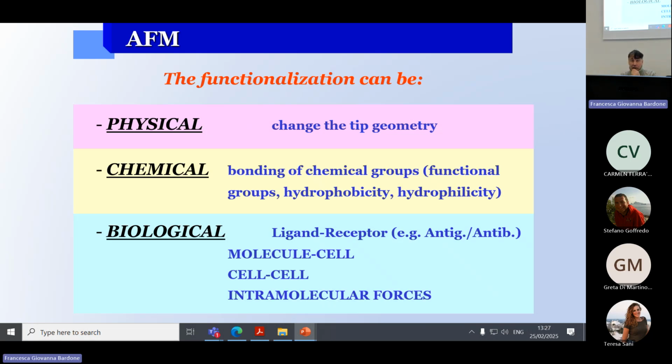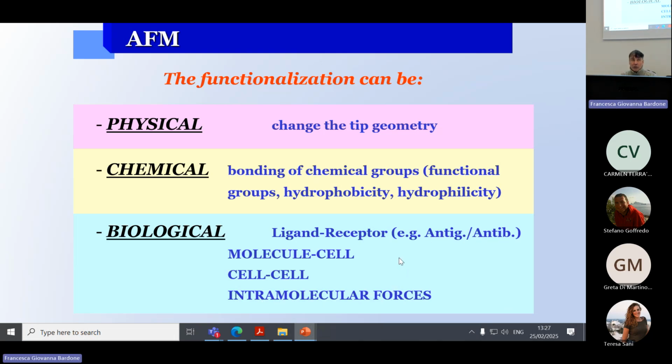You can functionalize your tip physically, changing the tip geometry. You can functionalize chemically, setting specific chemical bonding groups on the top of the tip. And you can functionalize the tip biologically: ligand, receptor, functionality, molecule, cell, and intermolecular force.